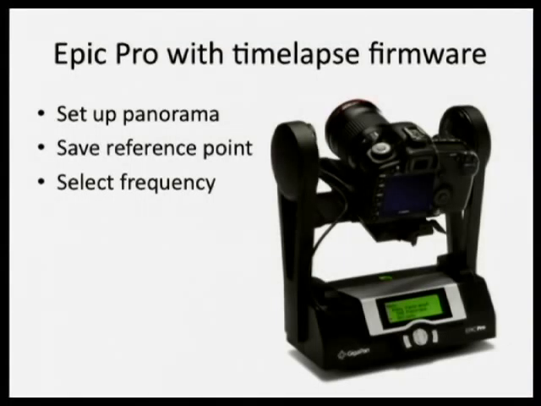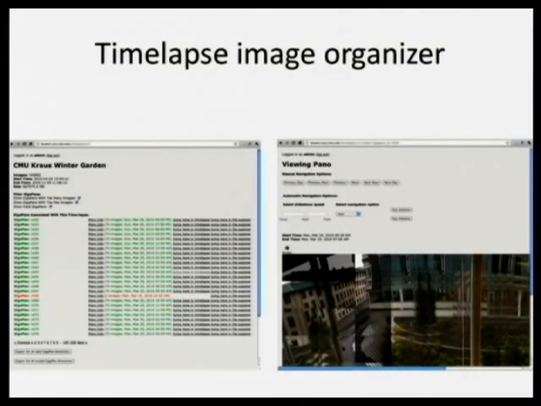But then more recently, the Epic Pro came out, and we realized that with a very simple firmware change, we could turn it into a time-lapse capturing machine. While it's not weatherized in the same way that Tim's nice device is, it was enough to get us going and starting to capture data. So it led us to focus on what to do with all these images when they came in.